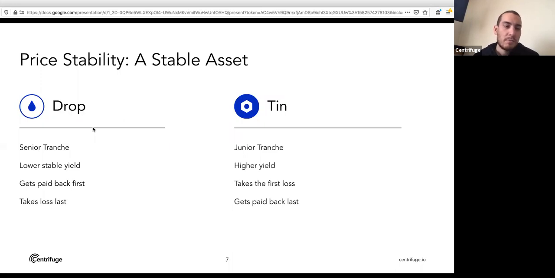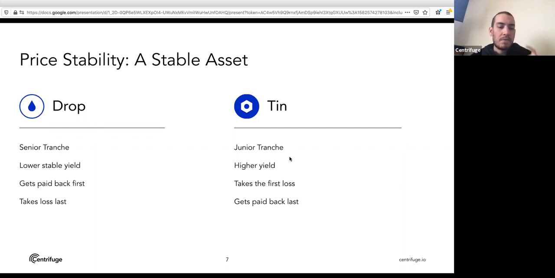That means that as a DROP investor, you can invest in this extremely stable asset, knowing that there's a certain amount of TIN token holders who have invested that will cover any losses. Typically you would set up a pool with, let's assume, a $1 million DAI pool. We raise 800,000 DAI from DROP token holders and 200,000 DAI from TIN token holders or investors.